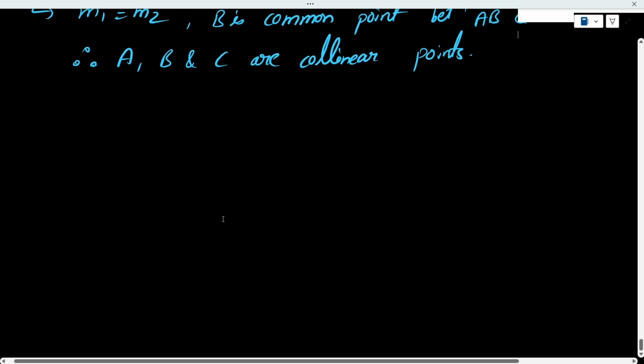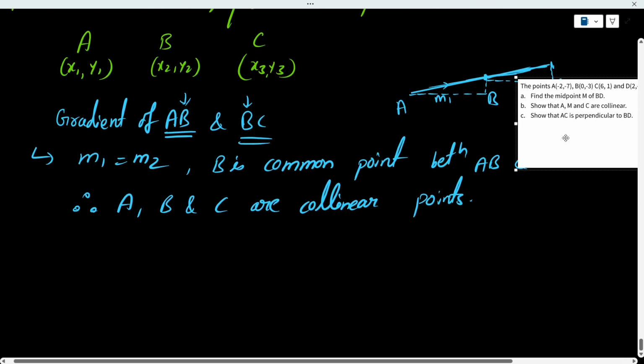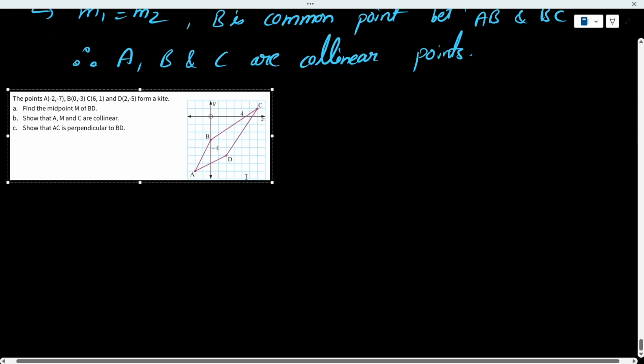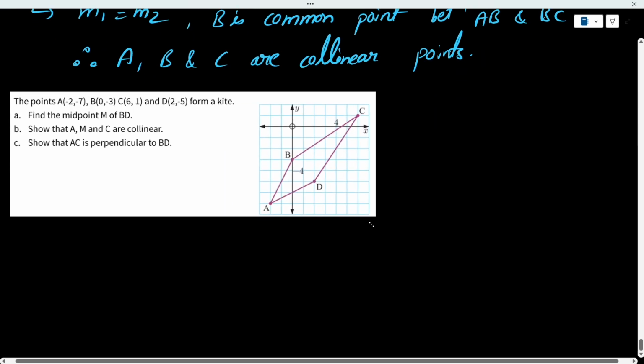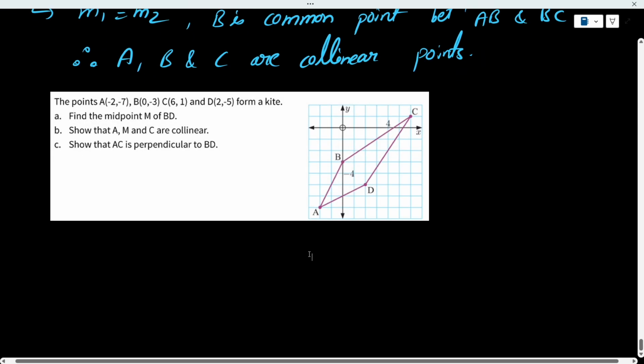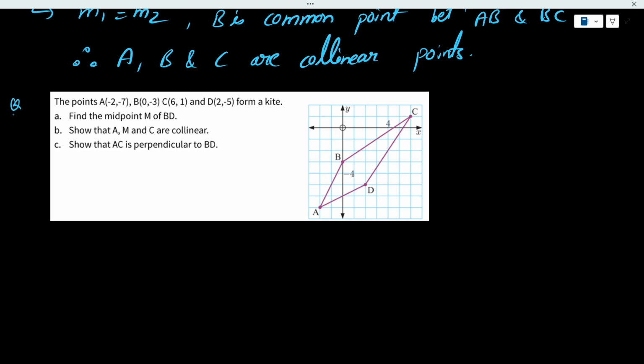How do we solve it here? This is another exam type of question. Kite is a very important figure. It comes in exams, right? So first thing you should remember is the property of a kite. Whenever we have a kite, remember one thing, its diagonals intersect at 90°. What are the properties of kites?